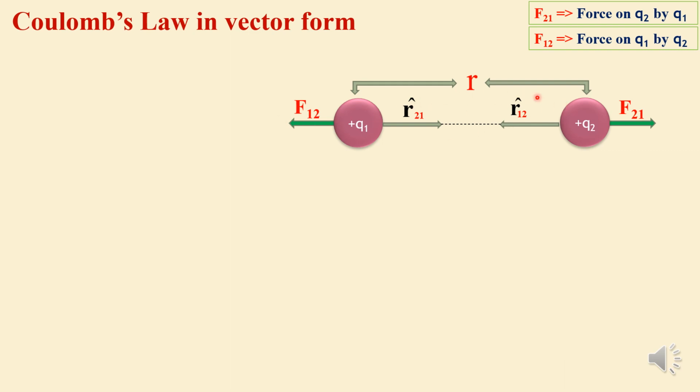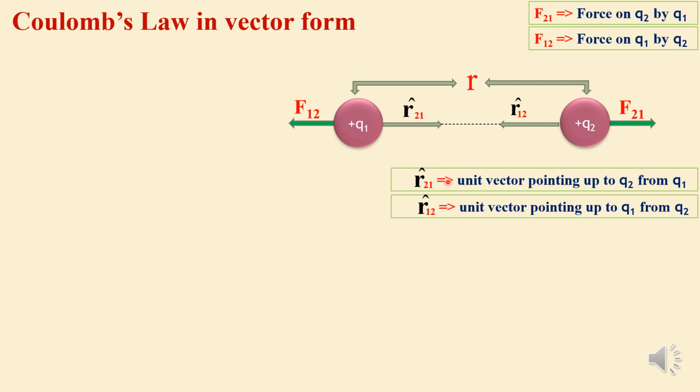And R is the position vector, which is the distance between these two charges. For defining the direction of a vector, we need a unit vector and we write it with a cap. Here R cap 21 is the unit vector pointing to Q2 from Q1, and R cap 12 is the unit vector pointing to Q1 from Q2.